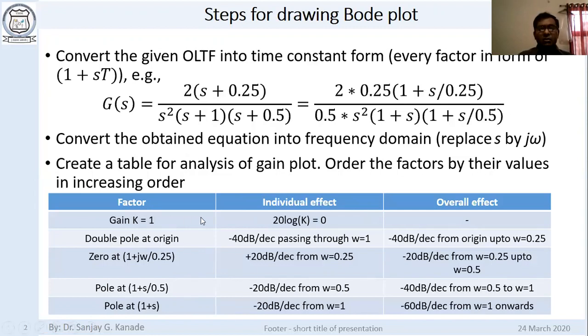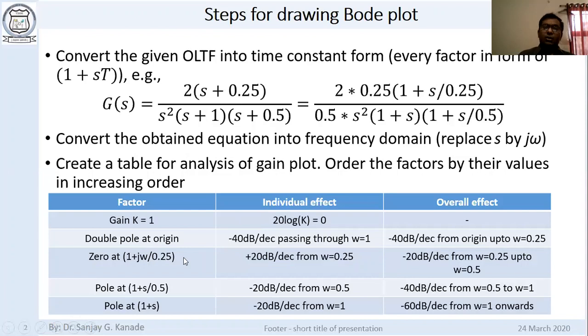For gain K equal to 1, the individual effect is 20 log of K, which is 20 log of 1, so 0 here. Then the double pole component gives minus 40 dB per decade. For one factor of 1/s we get minus 20 dB per decade, so here it is minus 40 dB per decade. If it is at origin, it passes through omega equal to 1.